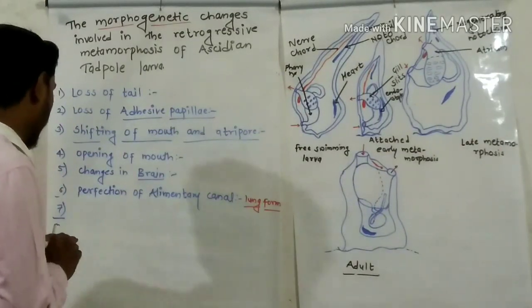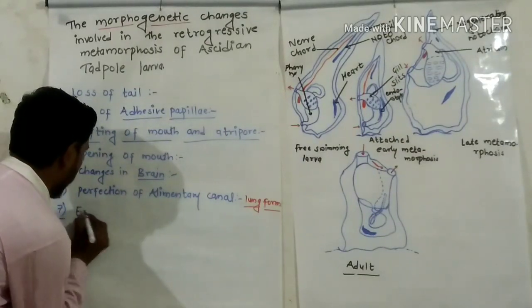Seventh point is regarding the blood vascular system, that is elaboration of blood vascular system.